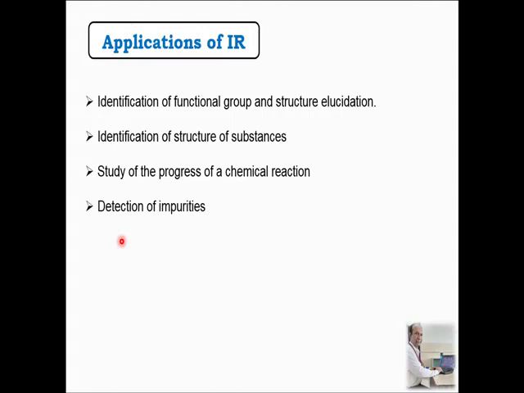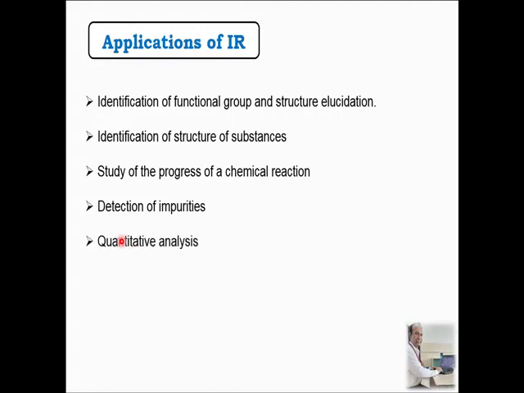Detection of impurities. IR is also useful in the detection of impurity in a compound by comparing its spectrum with the spectrum of the authentic sample of the compound. A pure sample always consists of sharp peaks and bands, while the impure sample will have poor bands with some additional bands.